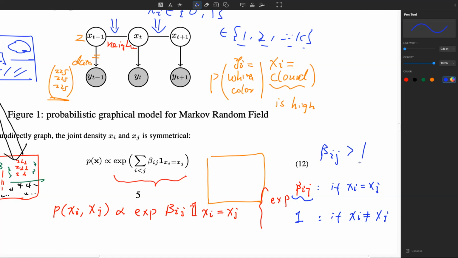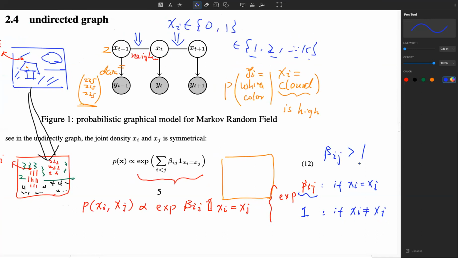If they're symmetrical, you can only specify a symmetrical energy between the two random variables. Is that okay? Any questions? Okay, no more questions.